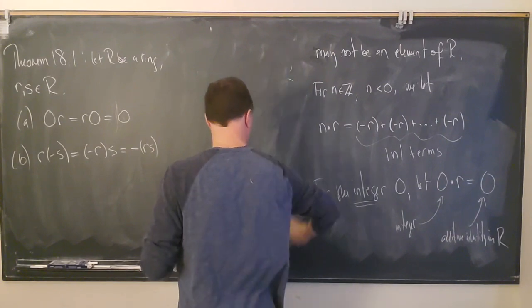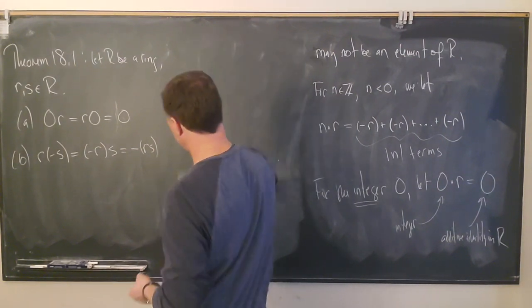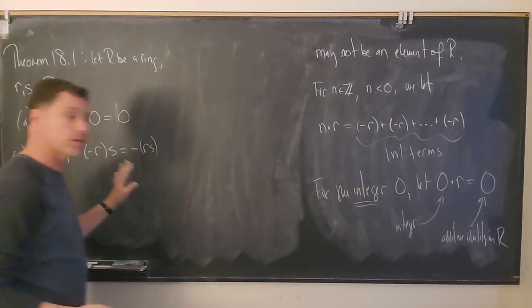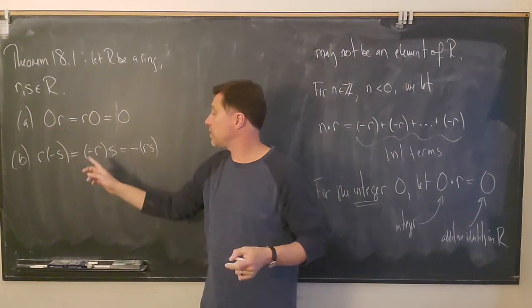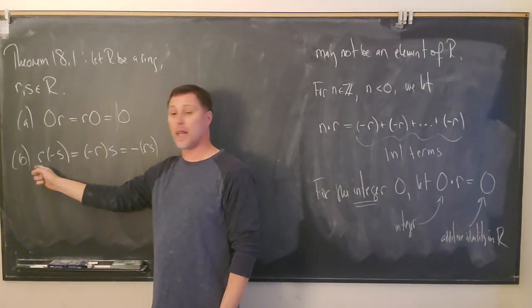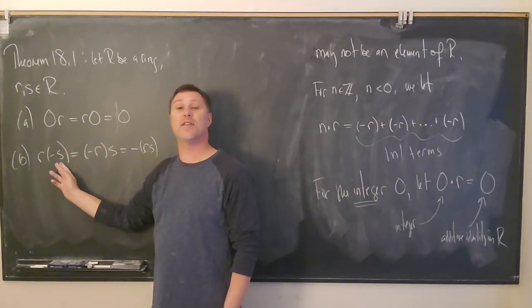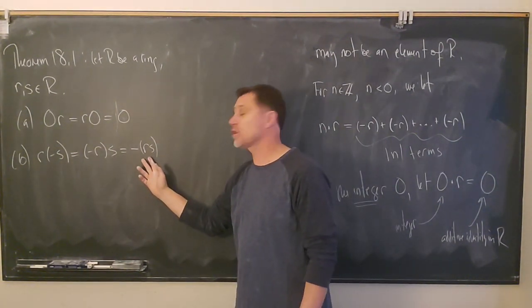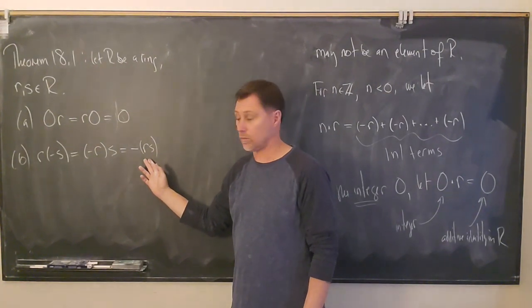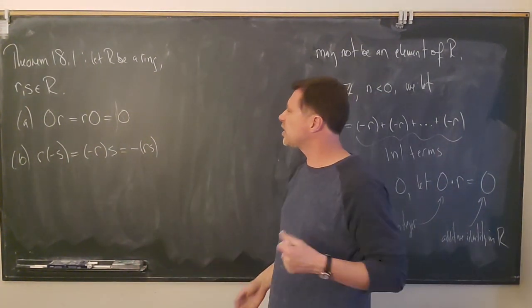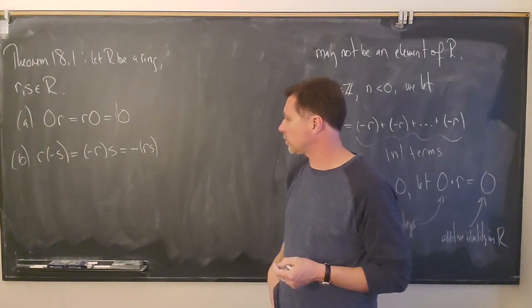But now we need to think about what this is saying. These are not necessarily numbers. A ring element times the additive inverse of some other ring element gives us the additive inverse of their product. That's the way you want to interpret it. It tells us that arithmetic works just the way we'd expect.